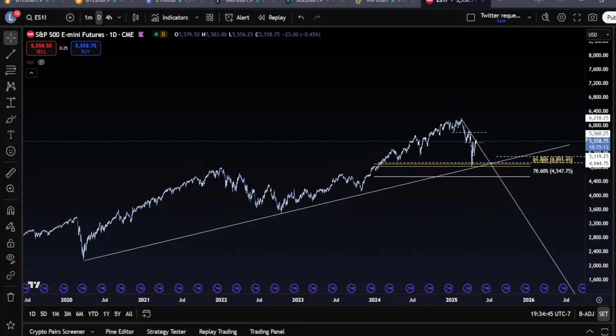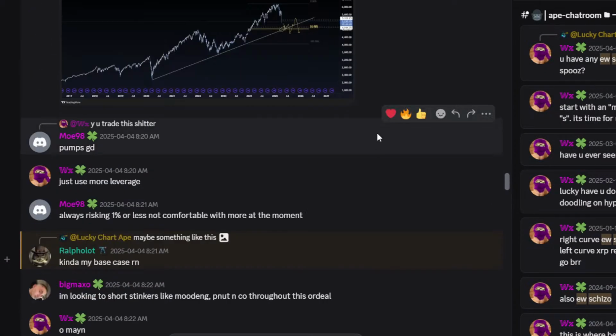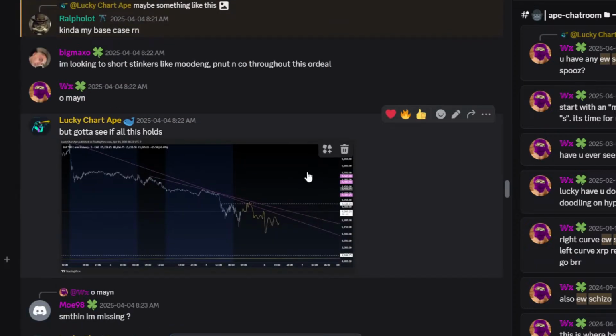Let me go to... Yeah, I was asked what I thought. I thought this was probably the most interesting idea for a bounce and to put in a lower high in our potential downtrend. But we're kind of running through that now.